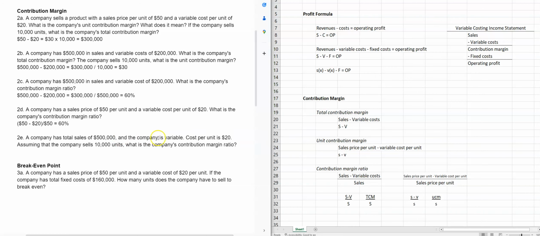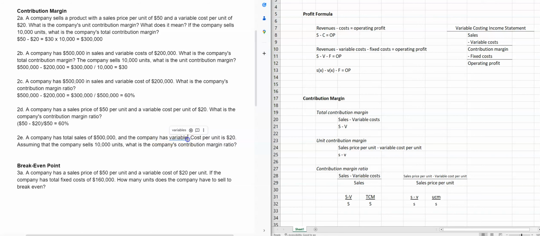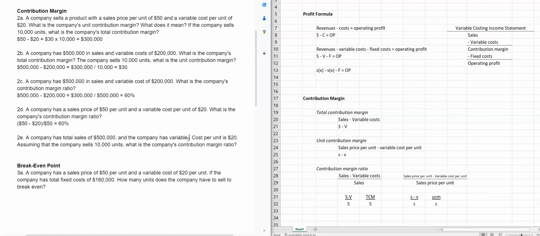And the company has variable cost per unit. There it is. Sorry, this is what happens when you do voice to text on a treadmill. Cost per unit of $20. Assuming that the company sells 10,000 units, what is the company's contribution margin ratio? Okay, so let's dig into this one.